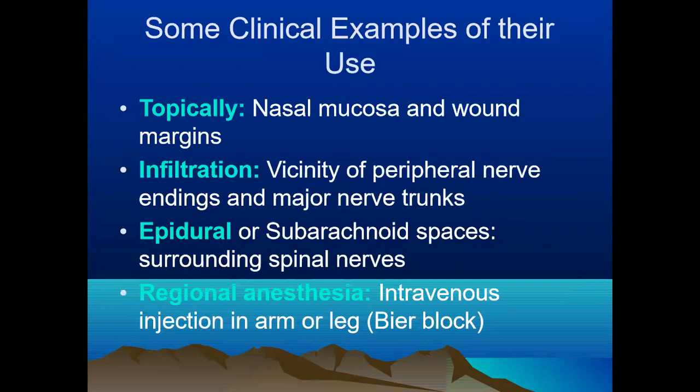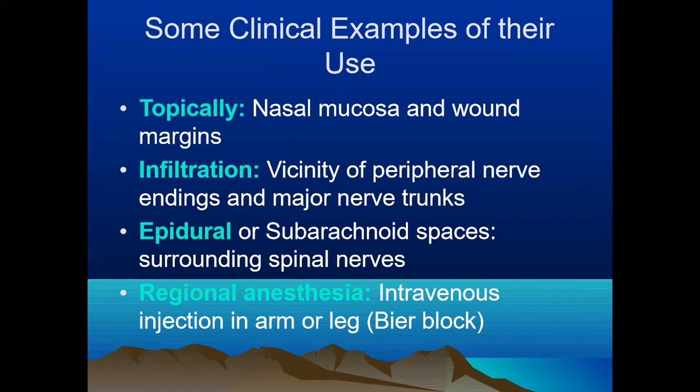And this reduces perception of pain and sensation, so that the patient can be worked on comfortably. Examples of clinical use of this type of drugs: we use local anesthesia in the nasal mucosa and the wound margins. For example, if you want to do something on the nose, you can use it, or sometimes on the wound margins, so that you can repair the wound very comfortably.